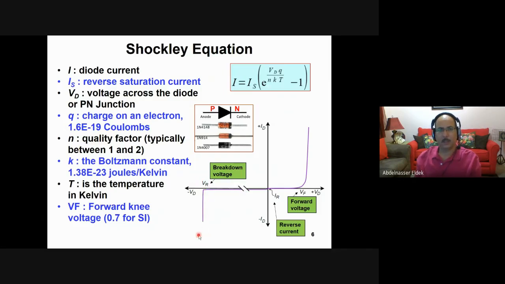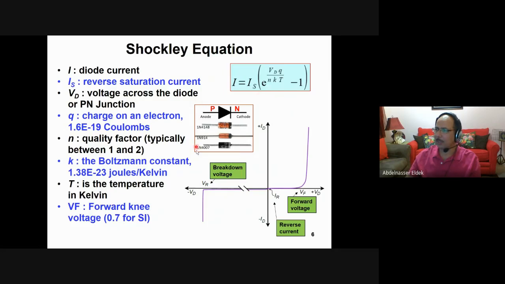The current will break the p-n junction and it will act as a short circuit again. We don't want to reach this. We always need the p-n junction to act as an open circuit, with no current, in reverse bias, or a short circuit when you have forward bias. This is what we need to do.